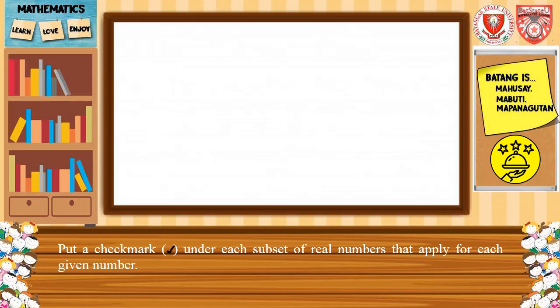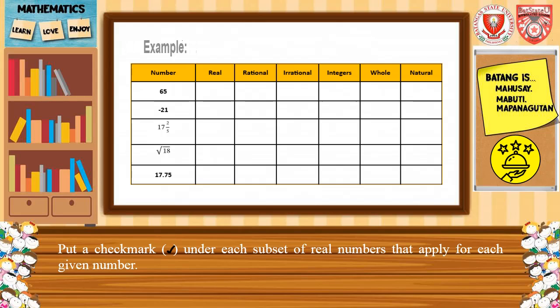Put a check mark under each subset of real numbers that applies for each given number. Example: 65.